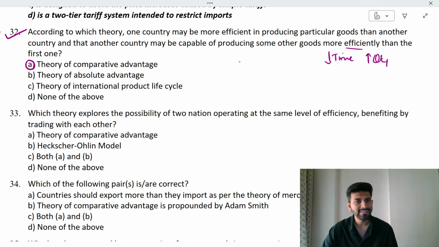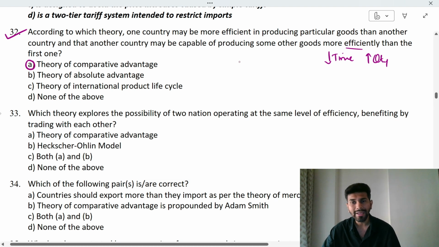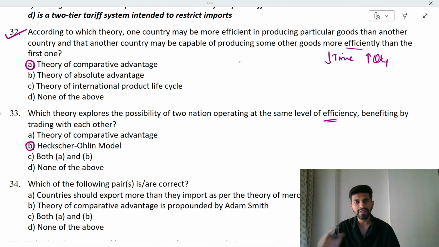Next, which theory explores the possibility of two nations operating at the same level of efficiency? It is given by Heckscher-Ohlin theory, HO theory, factor endowment theory, which assumes that both the countries have the same level of efficiency.